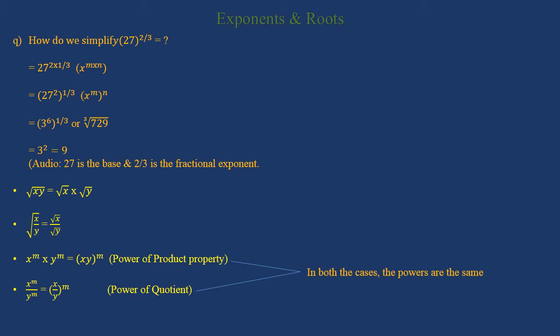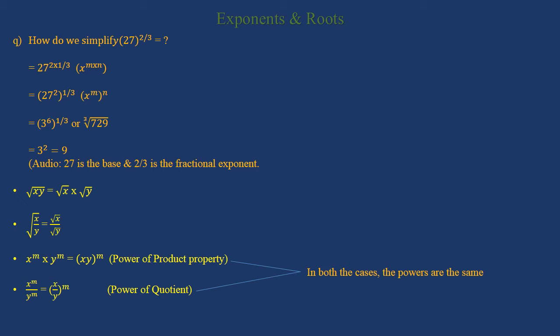Now if we have the same powers of two or more bases, like x^m into y^m, it can be simplified as (x into y) the whole power m, right? This is the power of product property.